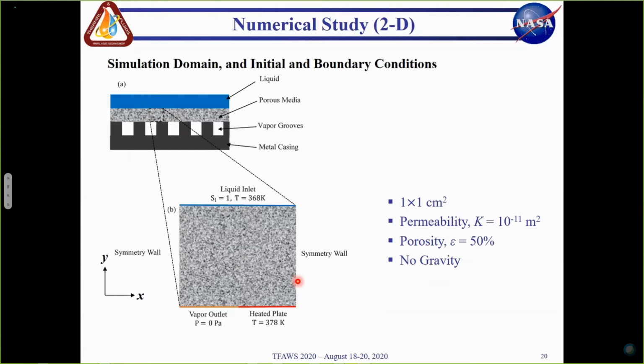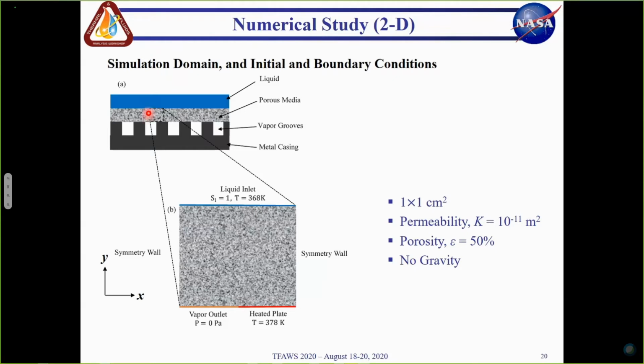All the fluid properties are temperature dependent for this 2D simulation, and we use the Van Genuchten model for capillarity and relative permeability. We also use empirical models for phase change, and we use the parallel model for the effective thermal conductivity. For this simulation domain, the inlet temperature is set at 368 Kelvin and the heated plate is set at 378 Kelvin.